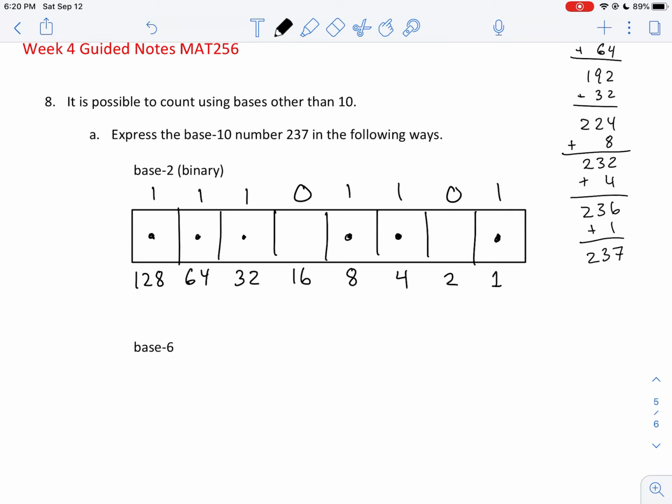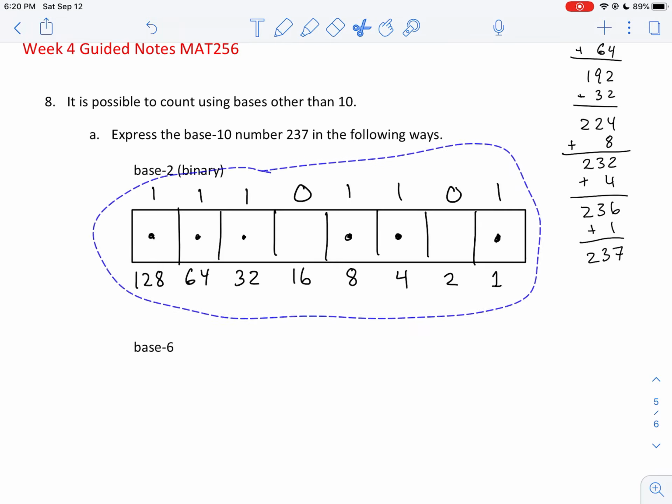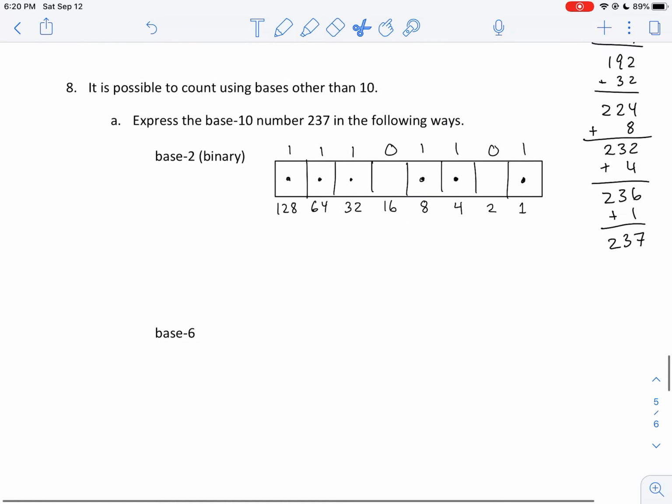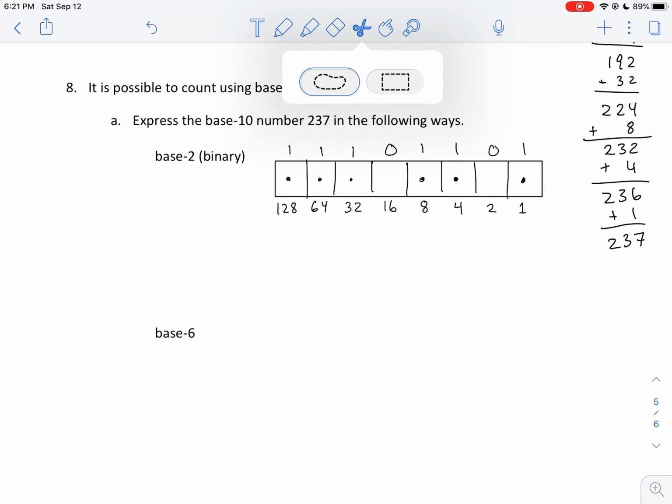So in binary, let me actually make this smaller too, so I have some space to do some things. In binary, the number 237 is represented by the number 11101101. That gives us 237. Computers can see that and recognize that very quickly.